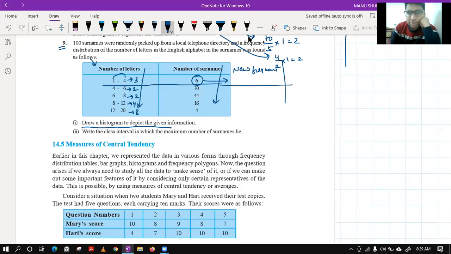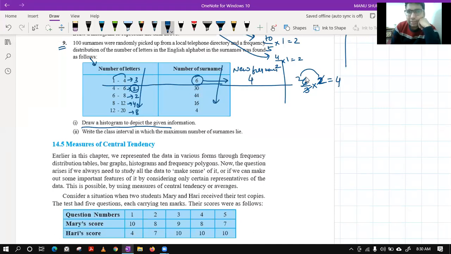Okay, Bhavya, let's see. We know the formula is original frequency, that is 6, upon original width, that is 3, multiplied with minimum width. What is the minimum width that we are having in all the given? It is 2. So multiply with 2, 3 into 6, 2 into 4. The new frequency is 4.